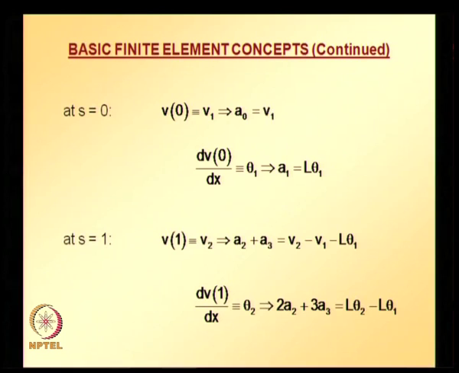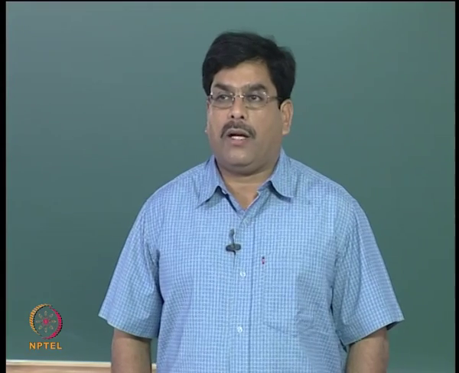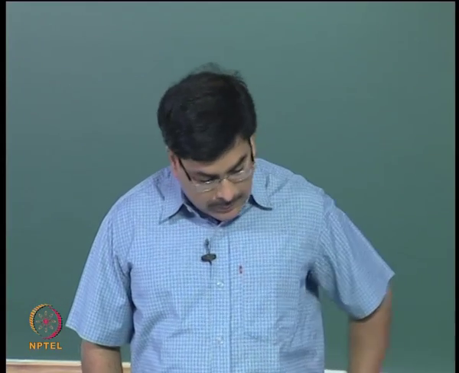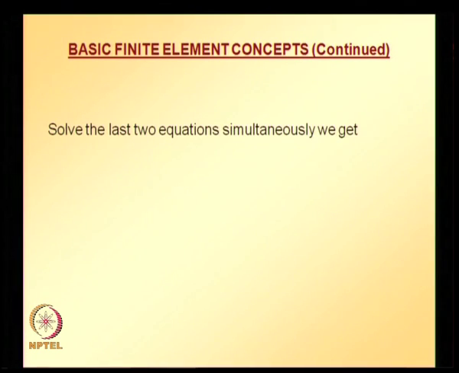So we got two equations in terms of a2 and a3, and we have two unknowns to be determined, which are a2 and a3. So we can solve these two equations and get a2 and a3 in terms of v1, v2, theta 1, theta 2 and L.